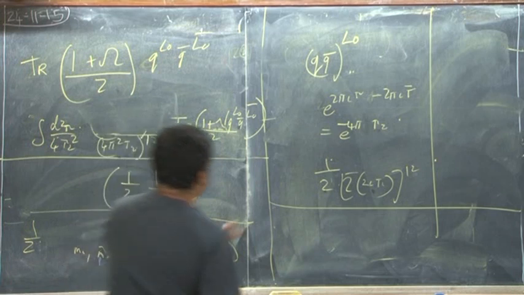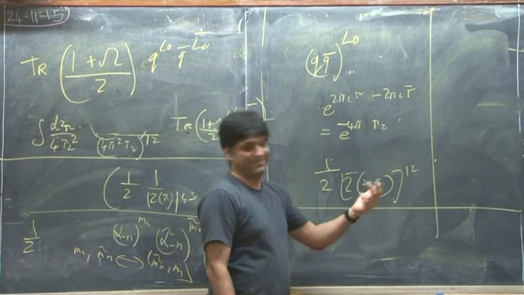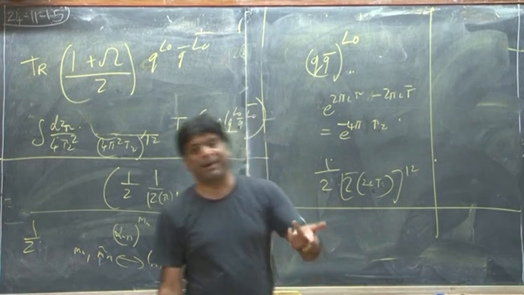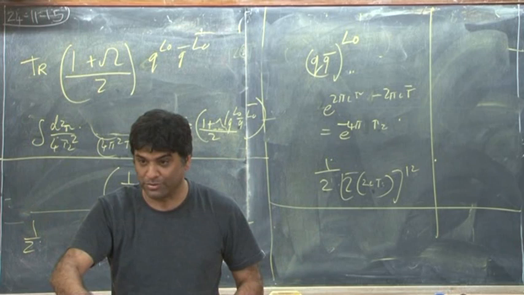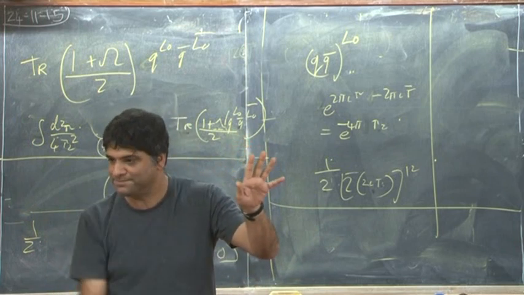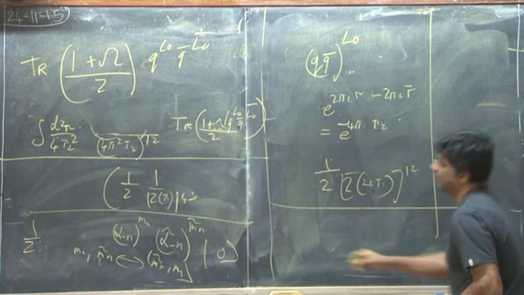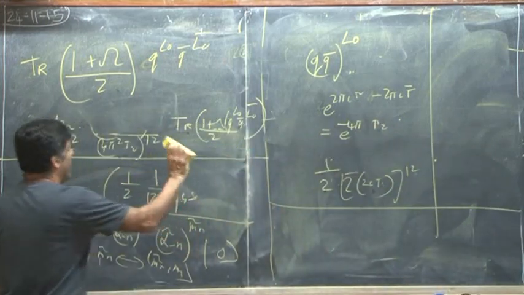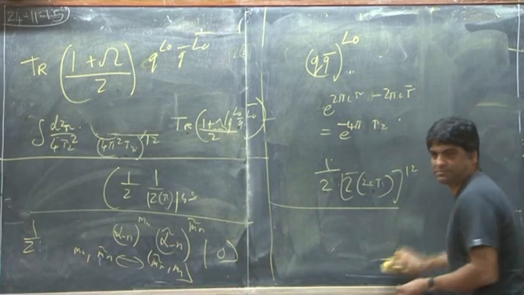So if we have 2 tau 2, we will pick up eta of 1 over this, so 1 over 2 tau 2. But also in the eta outside, there will be extra factors of 2. Let's do that. Let me get the numbers.